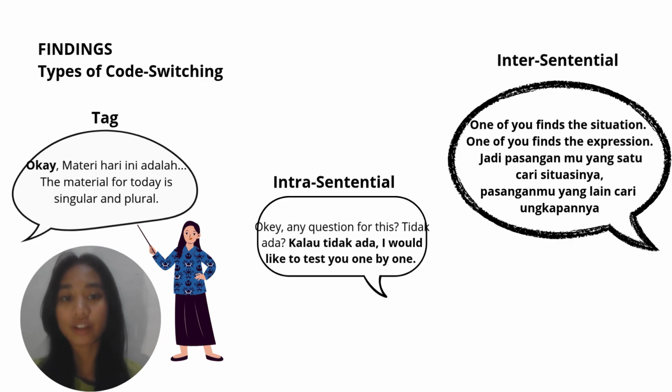So here the lecturer switches the language to explain the instruction again to the students and to help them understand the material clearly, so they can menyesuaikan antara the English term that is new for them with the Indonesian equivalent translation.